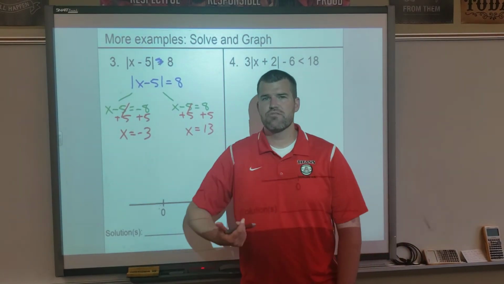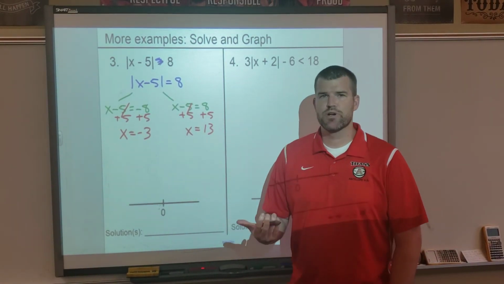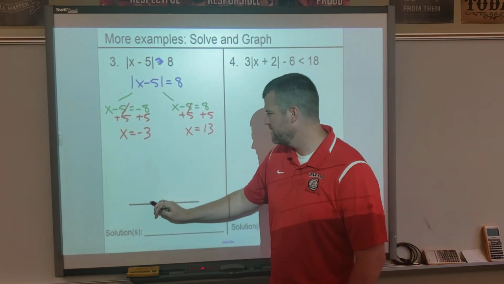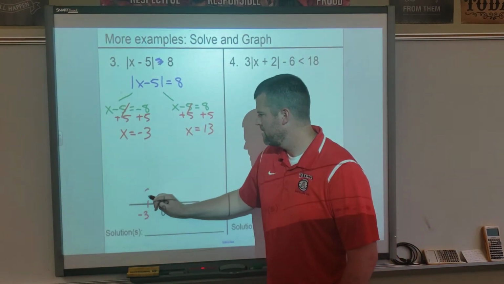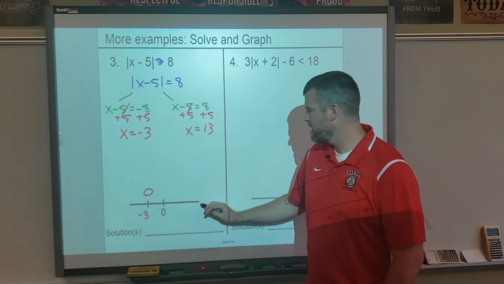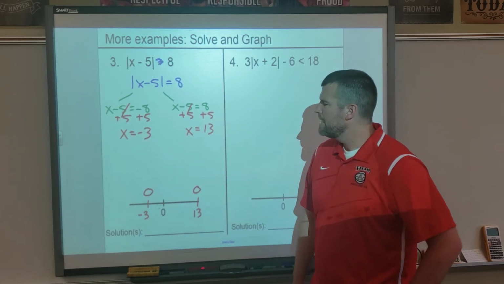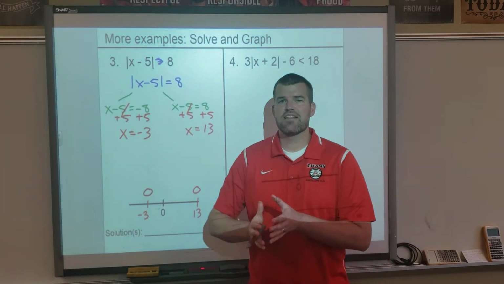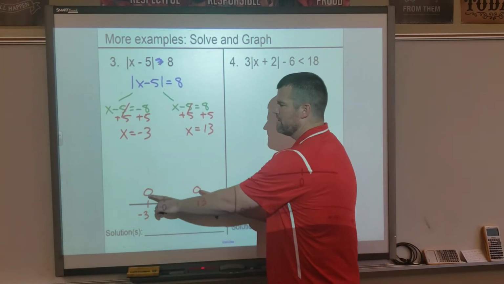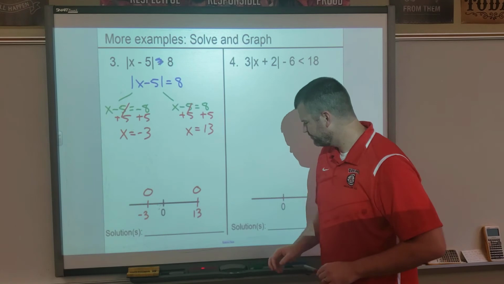So when I found those 2 solutions, I found the 2 boundary points. So I'm going to put a point at -3, and then I'm going to put another point at +13, which would be roughly right there. And so solving it as though it were an equation helps me find the 2 points.